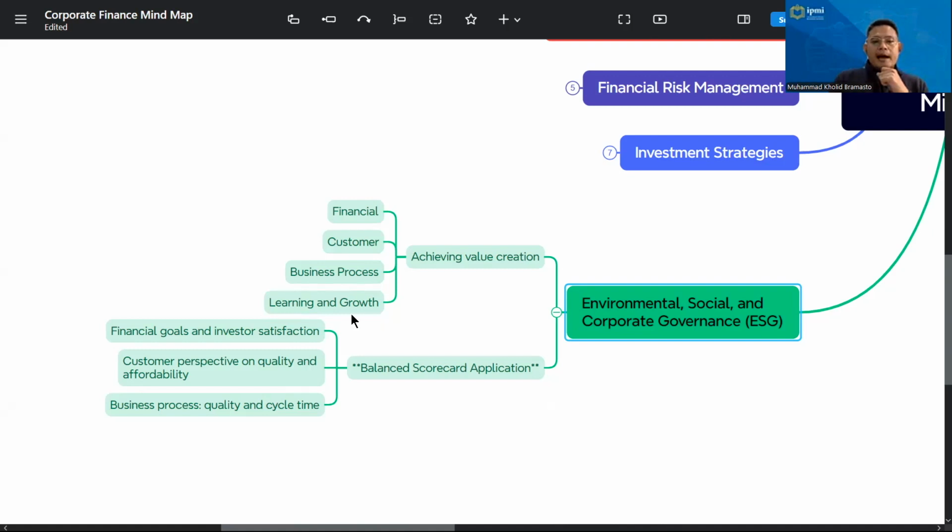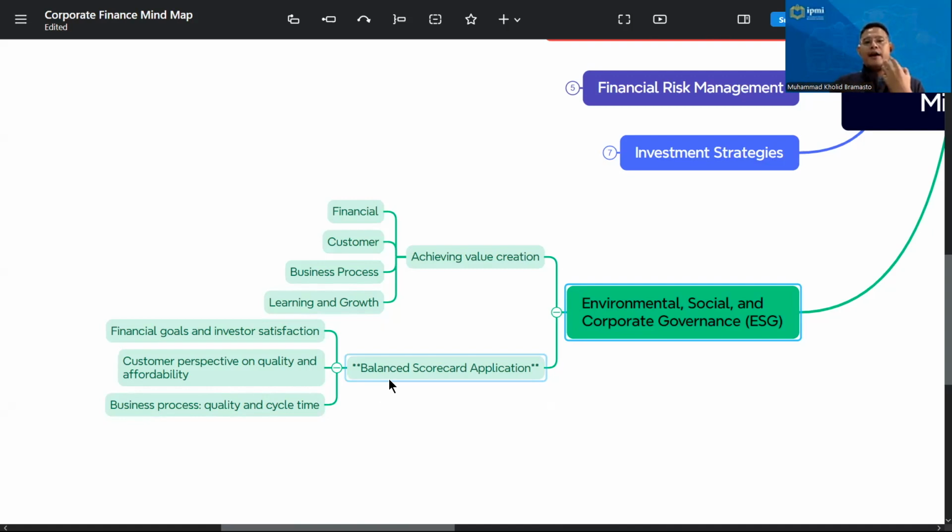A balanced scorecard approach can help organizations effectively measure and manage these diverse aspects of value creation by setting clear objectives and tracking progress across financial, customer, business process, and learning and growth perspectives.